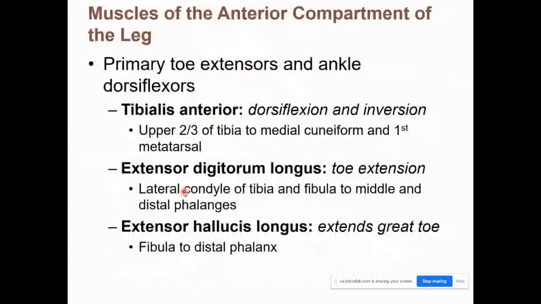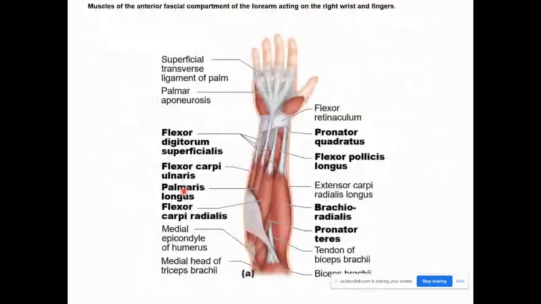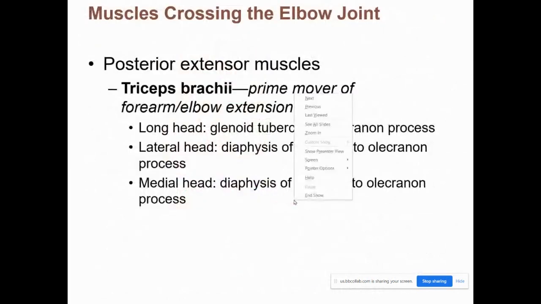Most of you should know this from lab already. I just wanted to highlight the different groups as we went through this. So the big thing is just pay attention to which muscles belong to which group, and then the actions of specific muscles that I went over with you.